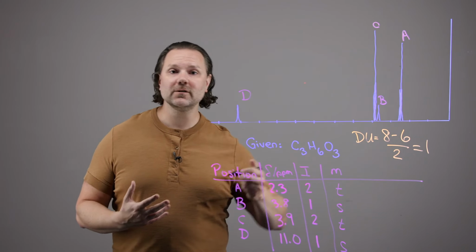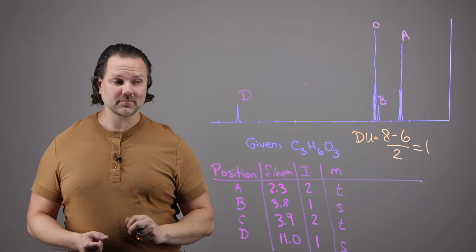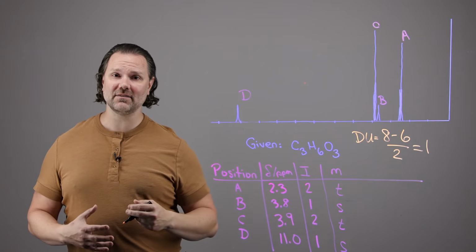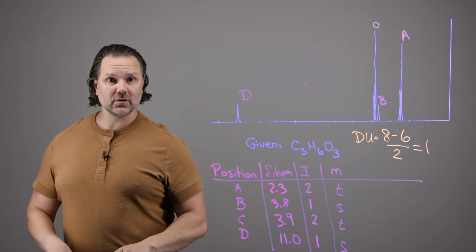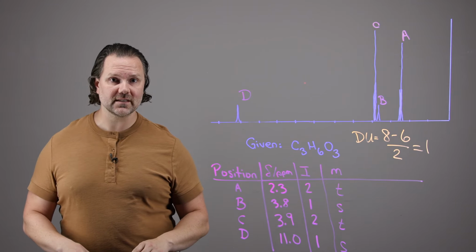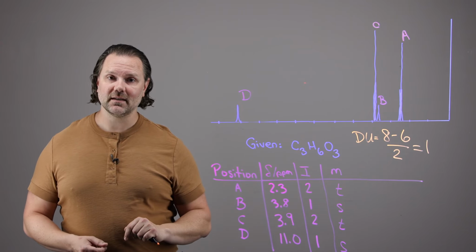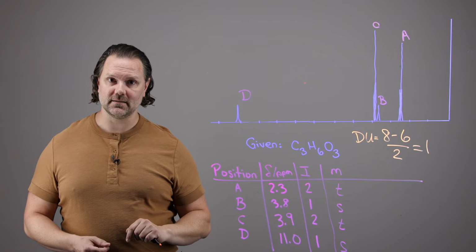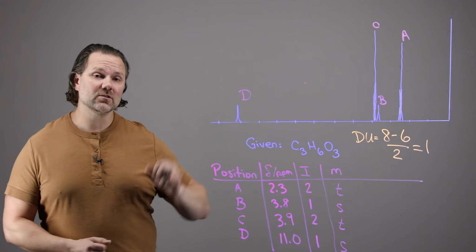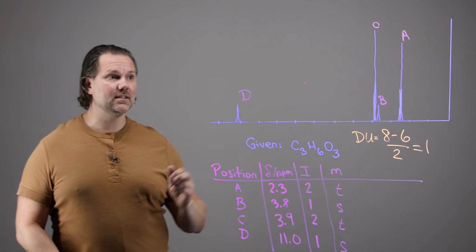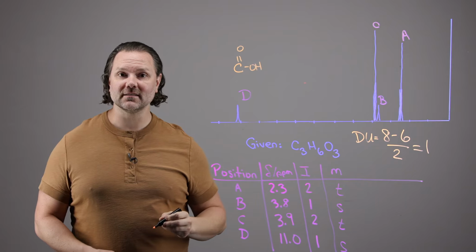I look at this, and the first thing that stands out to me is the signal over here at D. That's really high, around 11 ppm. And so for an organic molecule, go look at your spec reference table and see if you can figure out what group must be present to represent signal D. Okay, hopefully you agree with me that there's only one option for signal D, and that is carboxylic acid.